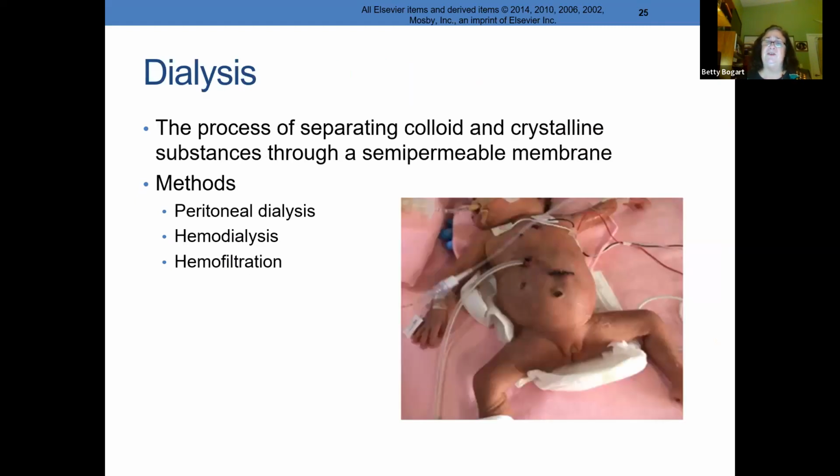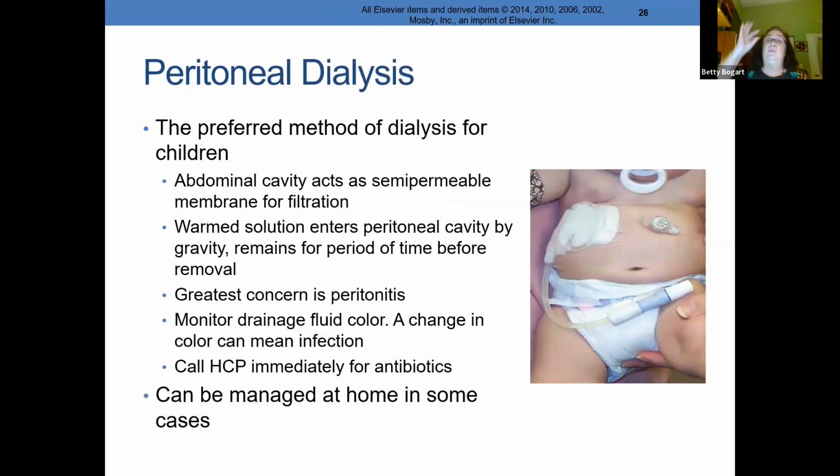Now, this is a picture of peritoneal dialysis. There's a catheter that goes into the belly, and the belly is the membrane that we use. Through that catheter, we will put in fluids. Now, there is a warming plate where this bag of fluid sits, and the fluid is whatever the nephrologist orders.